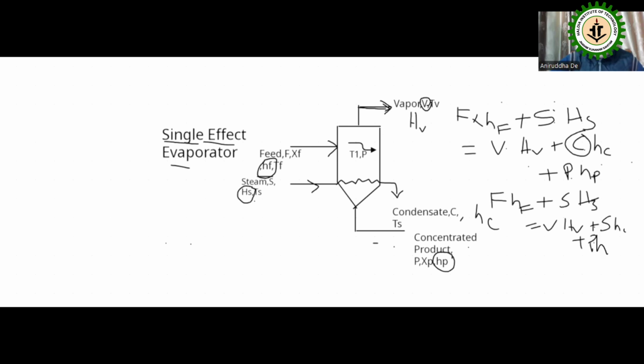Or similarly, F into HF plus S into (HS minus HC) is equal to V into HV plus P into HP.